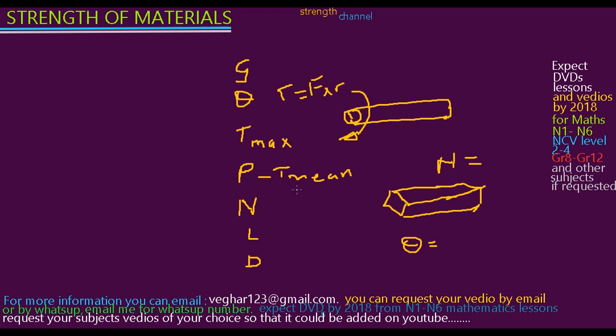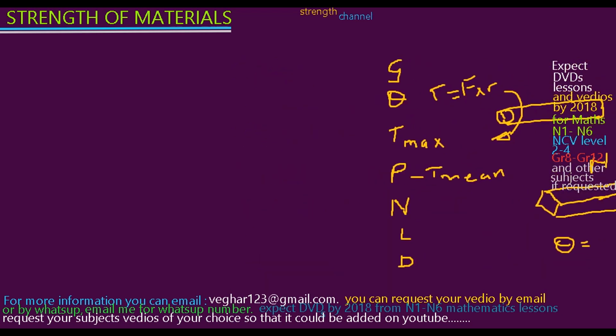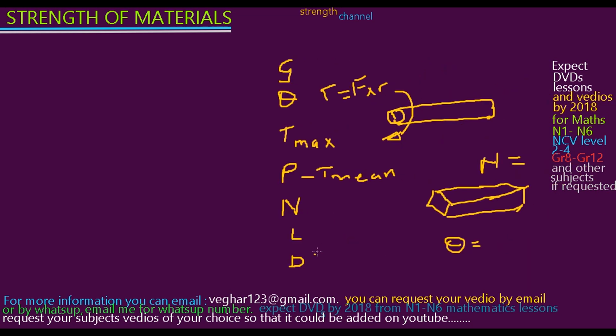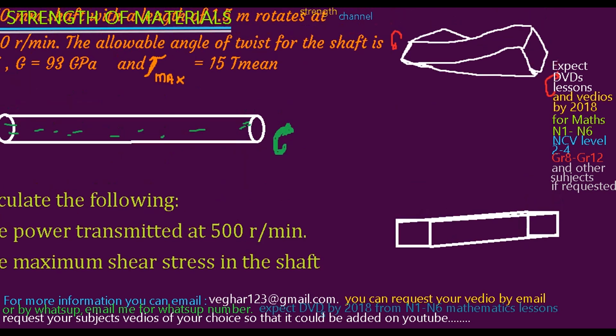When we deal with problems, we're dealing with a shaft of different materials, and materials have different modulus of rigidity. The diameter is this size, and the length is from here to here.